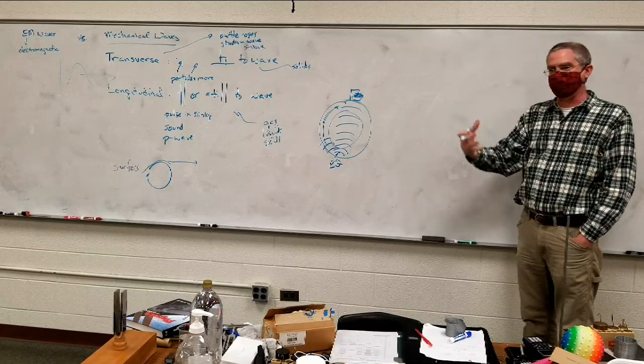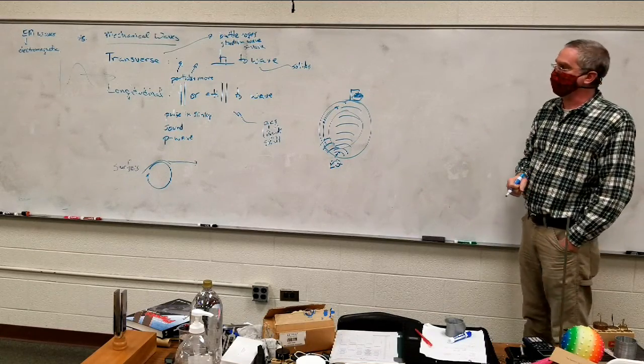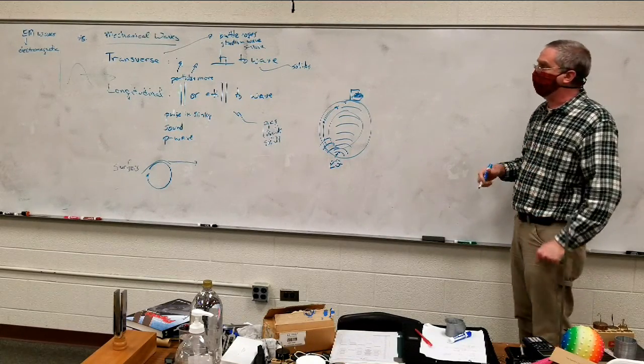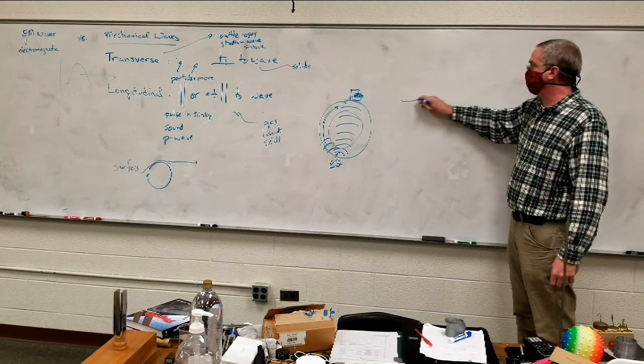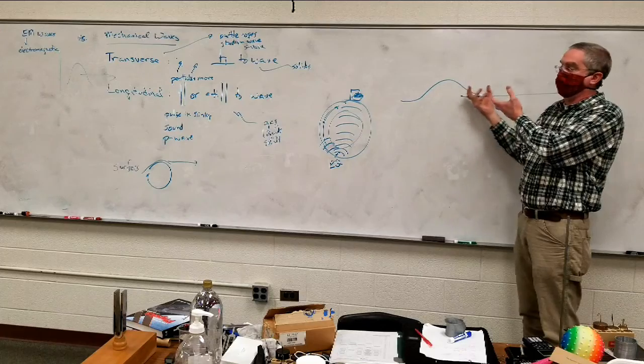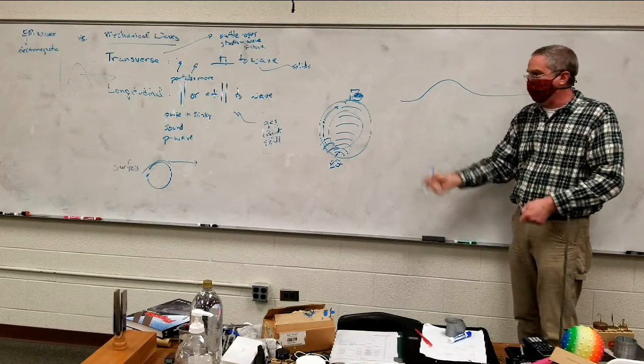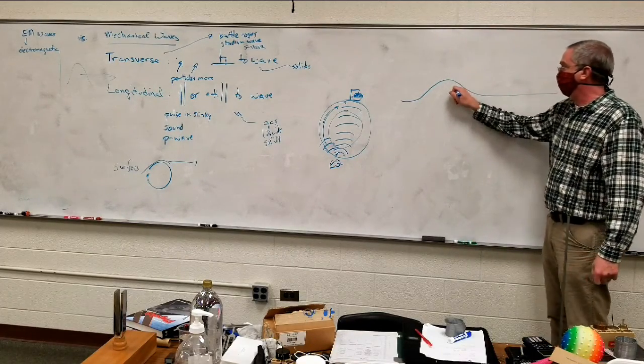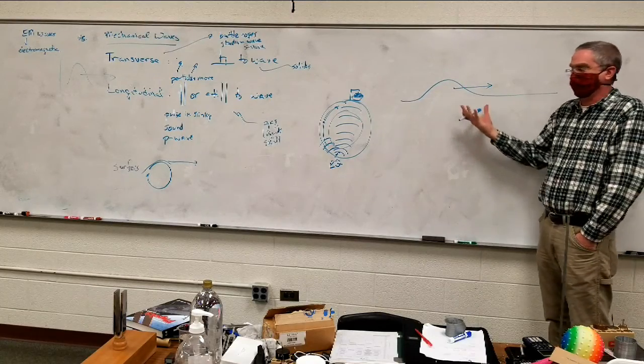Now, if I want to represent these waves, it'd be really convenient to represent them in a similar way. Transverse waves are easy enough to represent as a physical representation of what it would look like. If I've got a rope here and I swing it up and down, I put a pulse in there and that pulse travels, and this is just a side view.